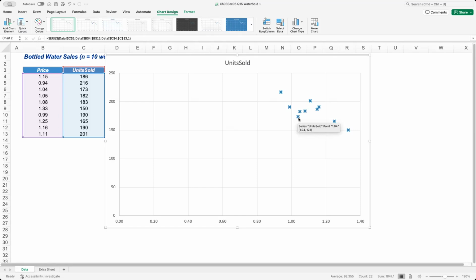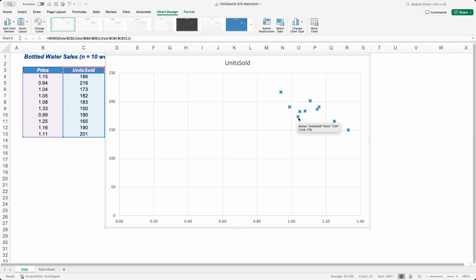We can do lots of things here. I want to figure out how to describe what's going on based on my picture. So let's think about what we could see from a scatter plot. In this case, Leo, you said as we lower the price, we're selling more. As we raise the price, we're selling less.